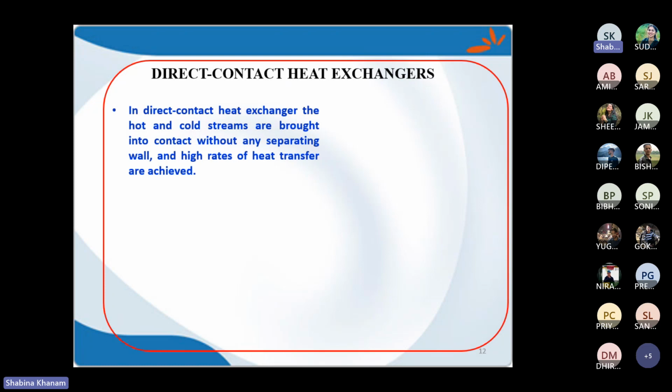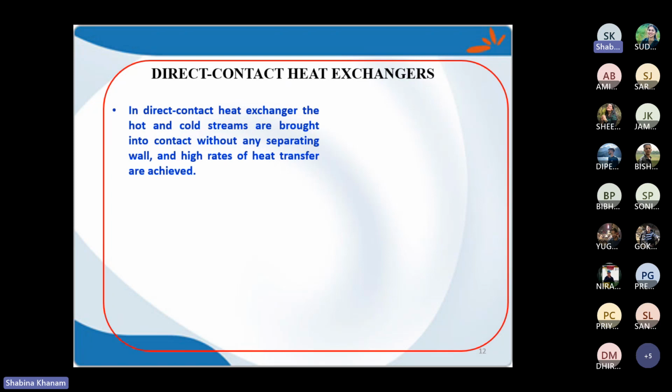So, direct contact heat exchanger. When we are discussing this heat exchanger, hot and cold streams come in contact without any separating wall, and therefore it is called a direct contact heat exchanger. High rates of heat transfer are achieved because there is no separating wall, and wherever I have a separating wall, it will work as a hindrance to transfer the heat.